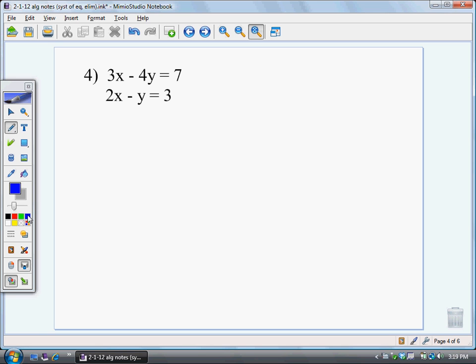So in this one, what we would want to do, if you look at the y terms, one has a coefficient of -4, and then you have a coefficient of -1. So what we're going to do is multiply the bottom equation by -4. Multiply that by -4.